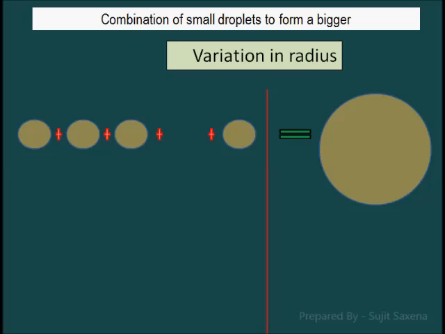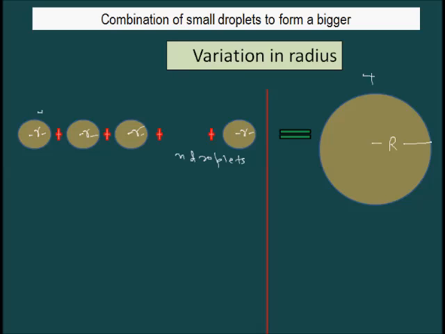Next we will discuss in which way the radius changes. The radius of each small drop before combination is r and there are n droplets. When combined together they make a bigger charged drop.